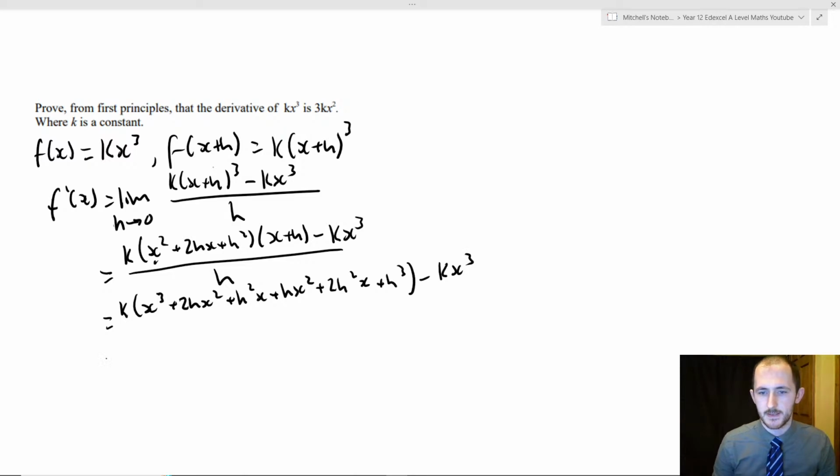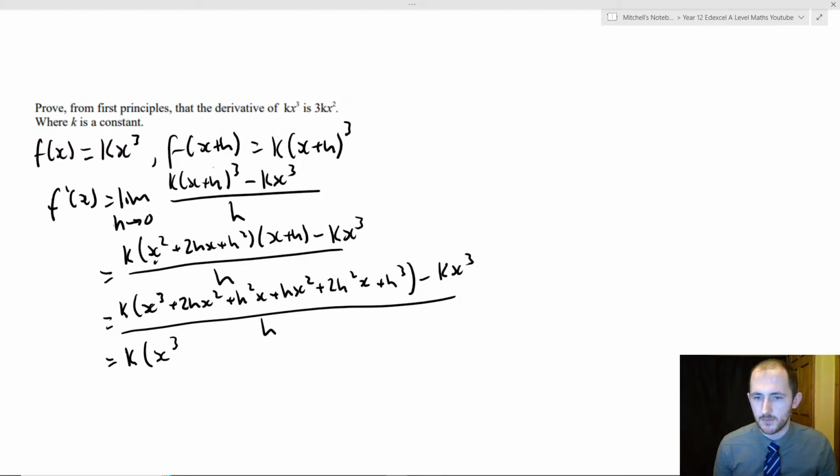Close the brackets. And all of that's over h. So we have k, and now we can actually start simplifying. So we have x cubed, that's fine, so we can cross that one off. 2hx squared plus hx squared, so we get 3hx squared.